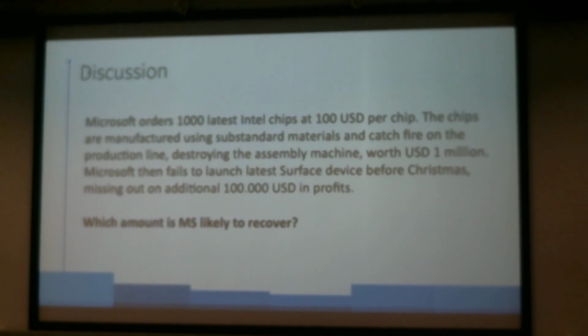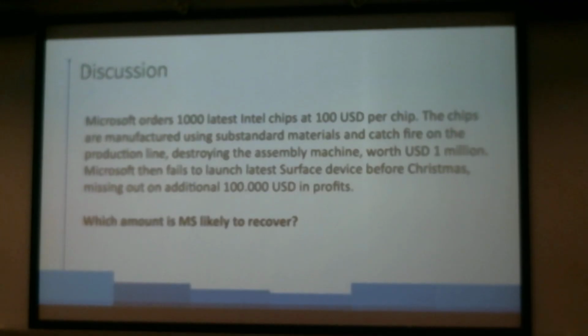They catch fire on the production line, destroying the assembly machine, which is worth 1 million USD. Microsoft fails to launch a new device before Christmas, missing out on 100,000 in profits. I want you to take a moment, maybe together in groups of 2 or 3. I will share the document which I just typed now with you, and I can give you 3-4 minutes.